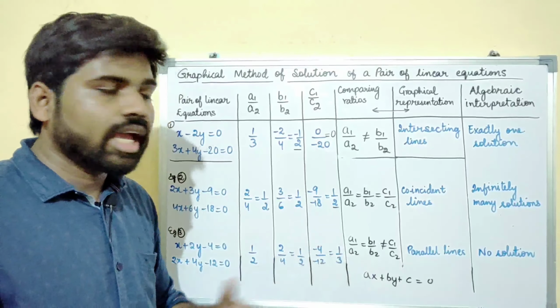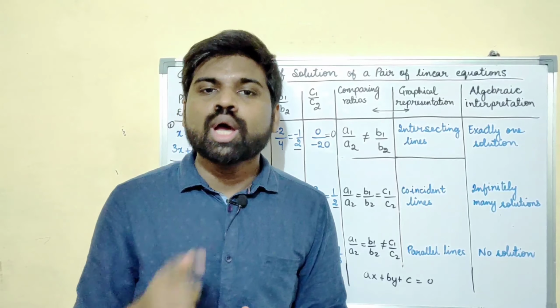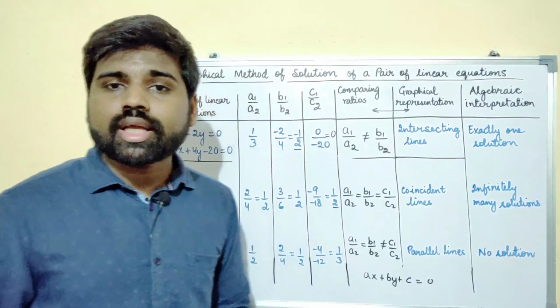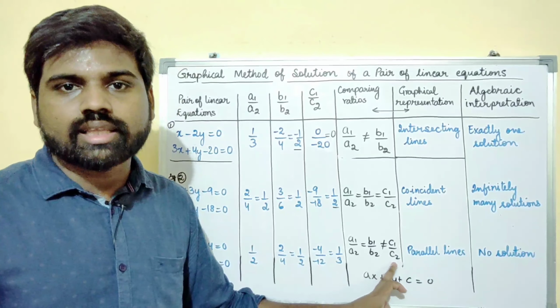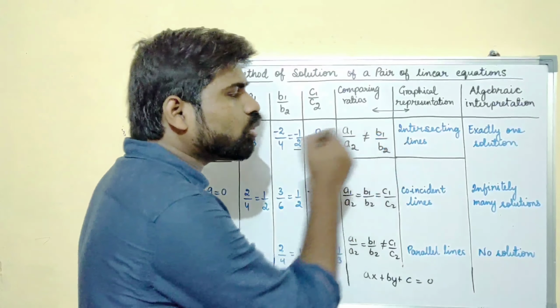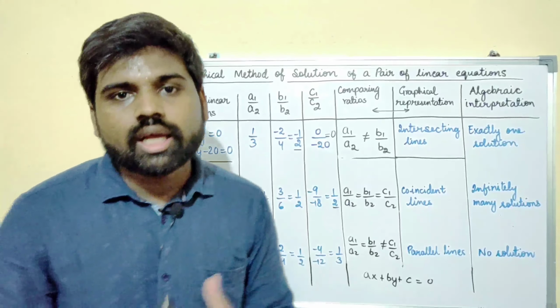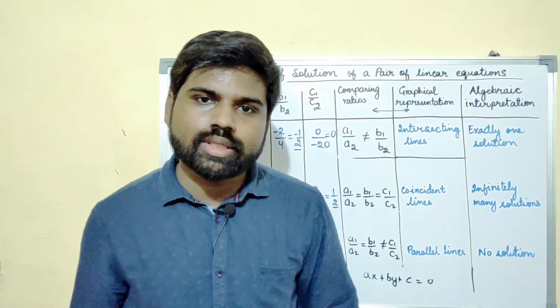And if the first two ratios are equal, A1 upon A2 equals B1 upon B2 but not equal to C1 upon C2, you can say that the linear equations are parallel. So this way, without drawing the graph, we can conclude whether the equations are intersecting, parallel or coincident.